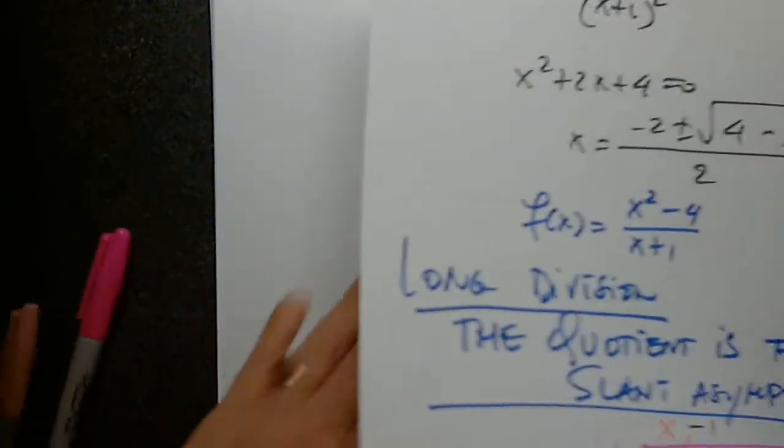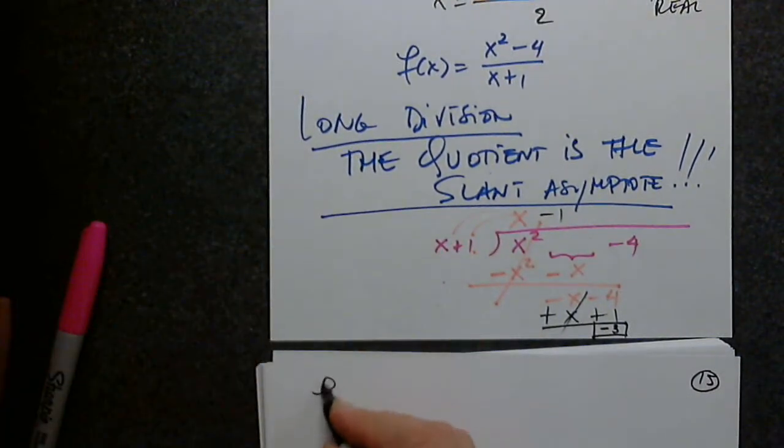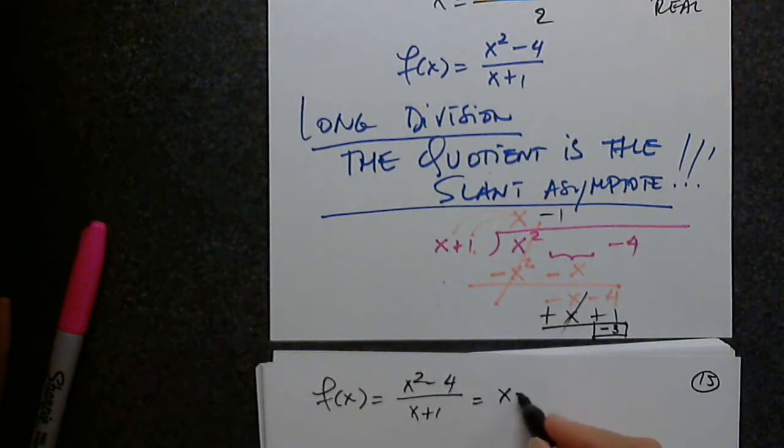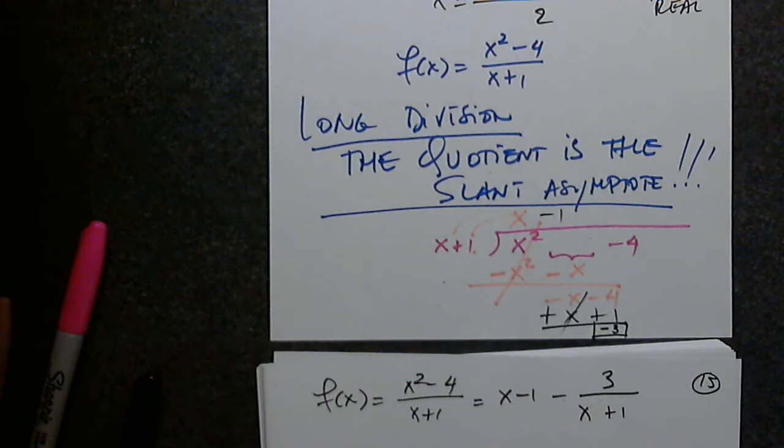So this function, f of x equals x squared minus 4 divided by x plus 1, and this function are identical. Would you agree? So x squared minus 4 divided by x plus 1, or the quotient, x minus 1, minus the remainder over the divisor, are identical functions.